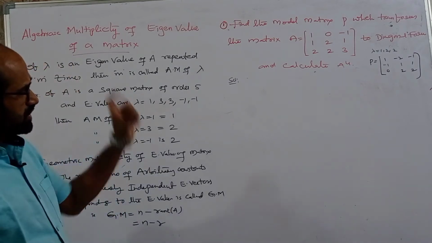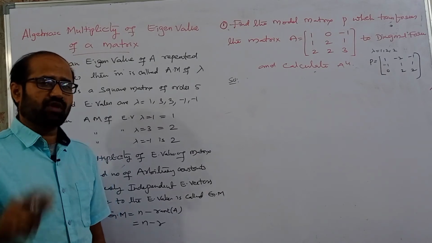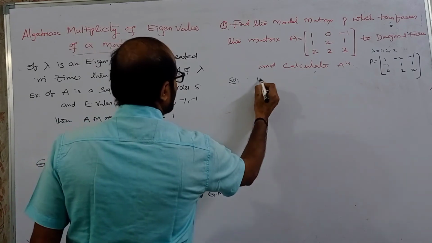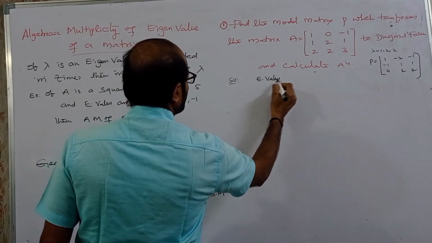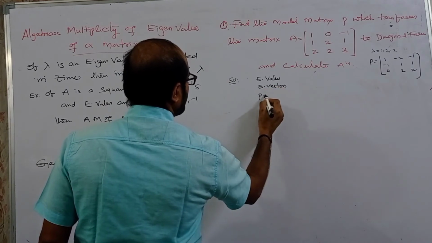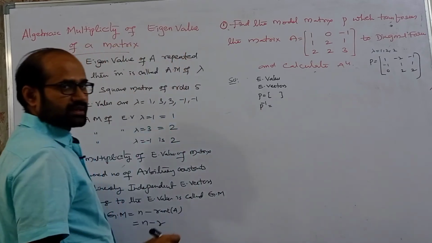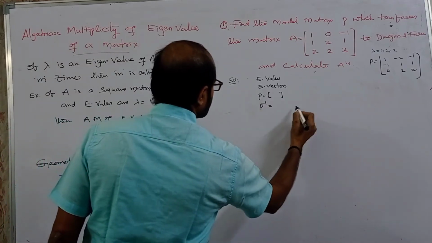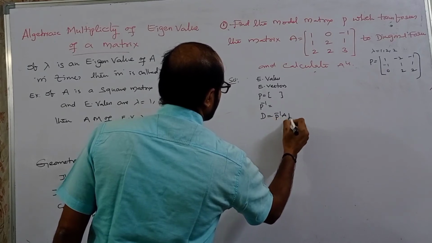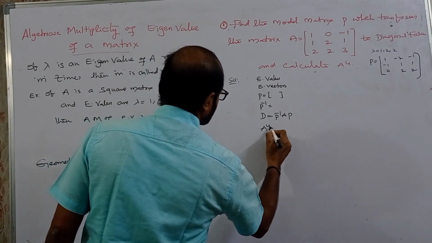It means in this one problem I will teach you how to find the eigenvalue and eigenvector and model matrix P and P inverse, by using this model matrix, then diagonal matrix P inverse AP and the powers of the matrix.